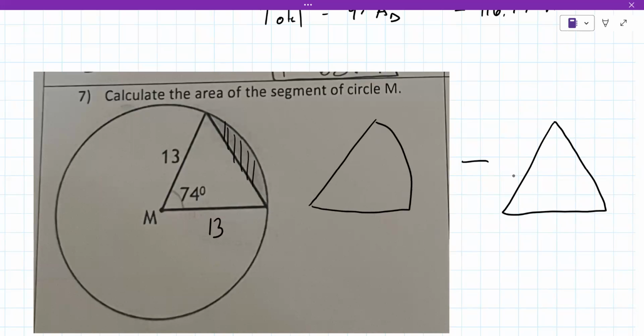So the area of the pizza slice, that's a pretty well known formula. It's the angle over 360 times pi r squared. And you have to say, okay, well, do you know the radius? And yes, you do.